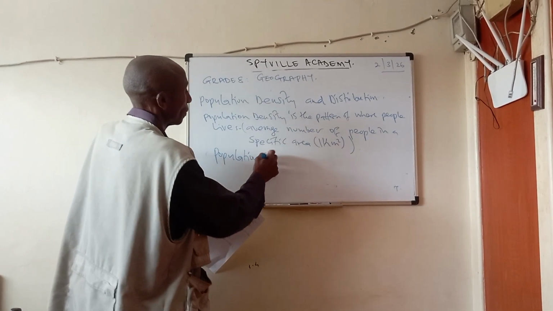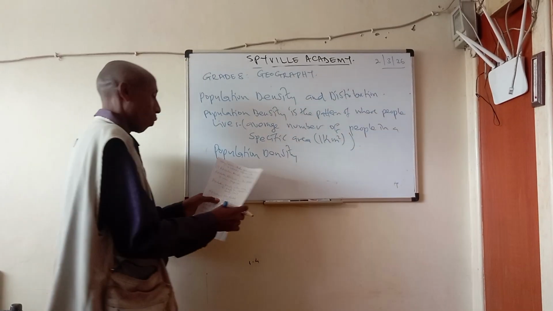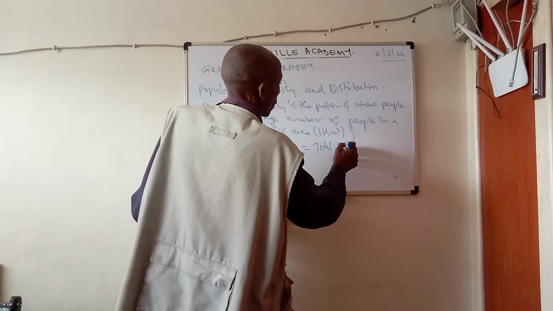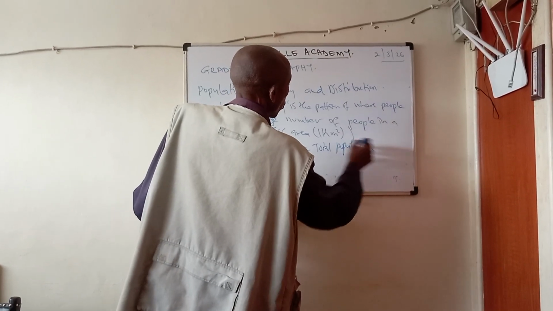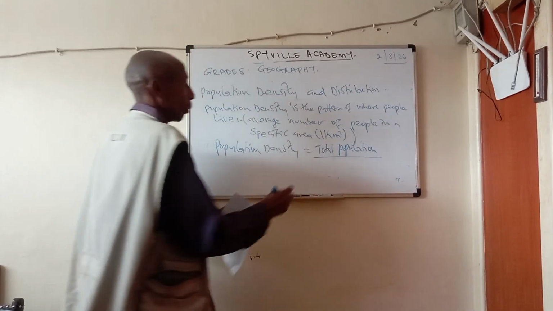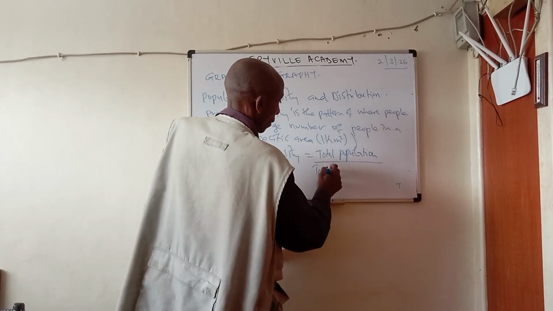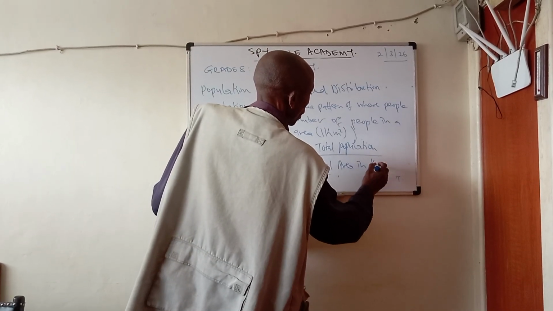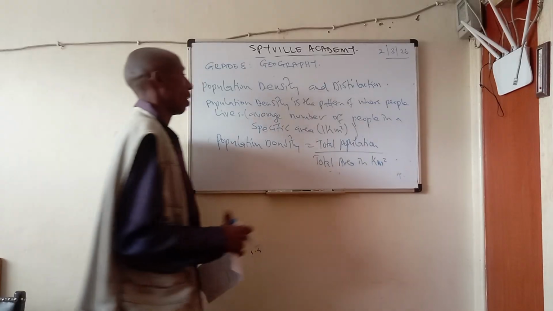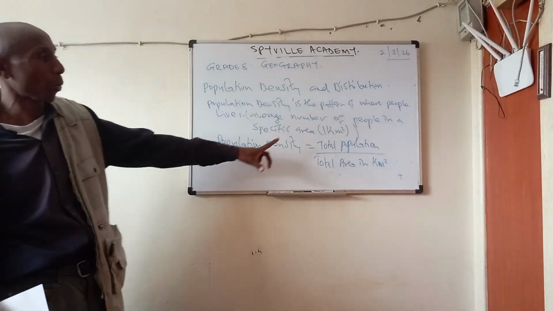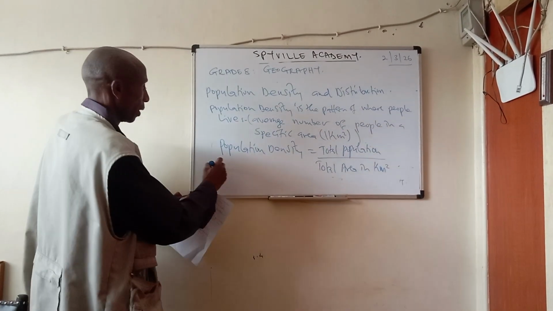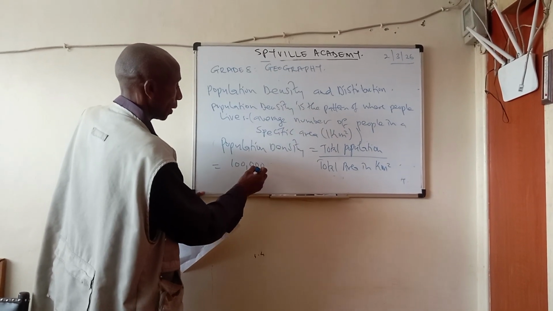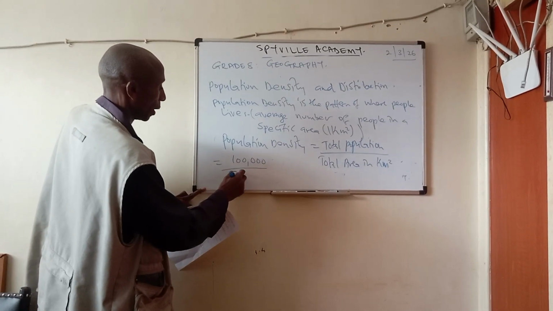Population density is calculated by taking the total population over the total area in kilometers squared. That's the formula of calculating population density. For instance, let's say we have 100,000 people in an area of about 10 kilometers.